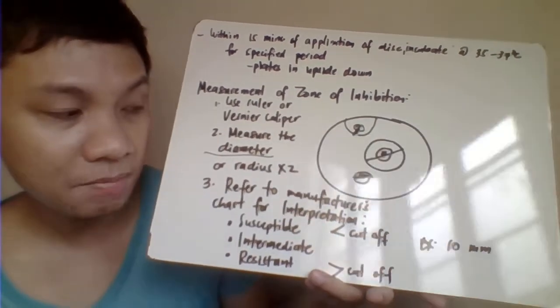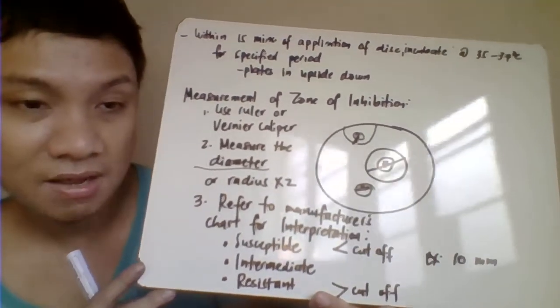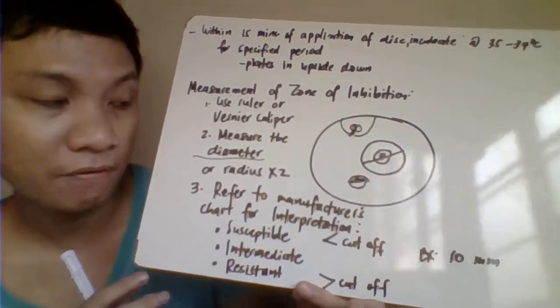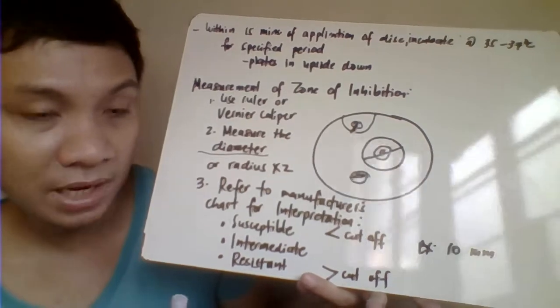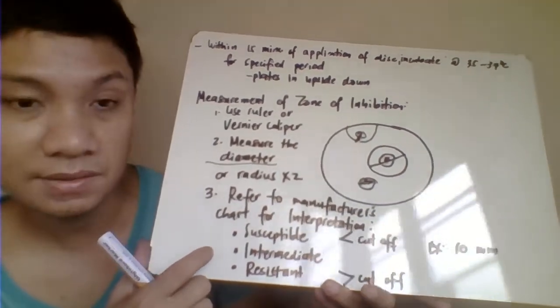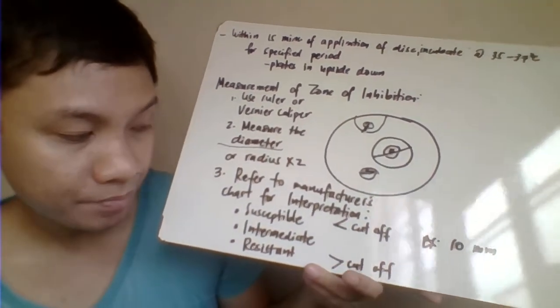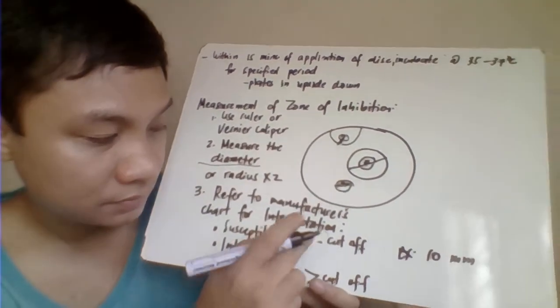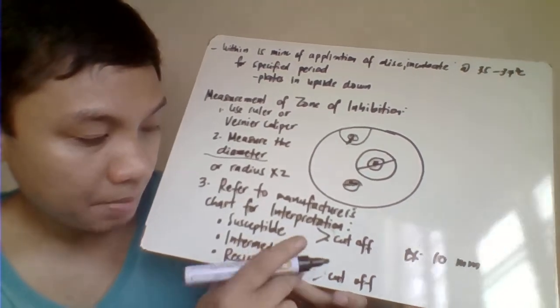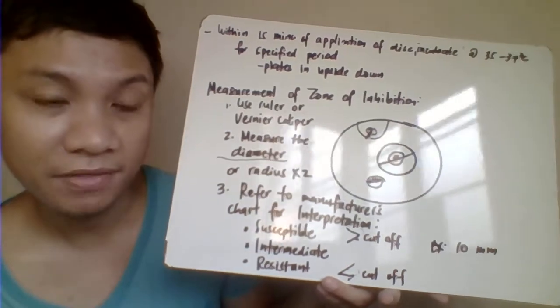And then for the interpretation, refer to the manufacturer's chart of the cutoffs of the zones of inhibition. Based on that, we can report the following results: susceptible, intermediate, or resistant. If it is susceptible, it is more than the cutoff value.